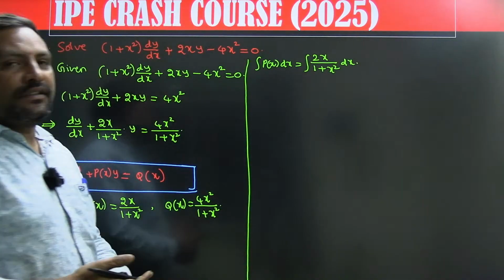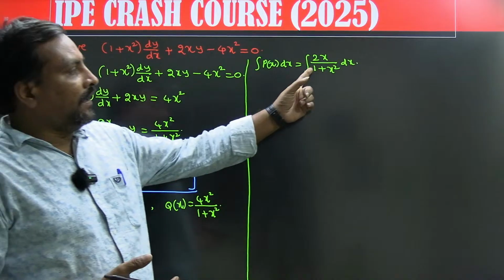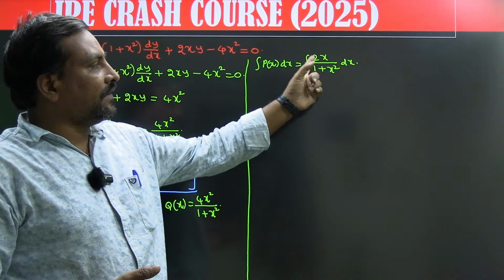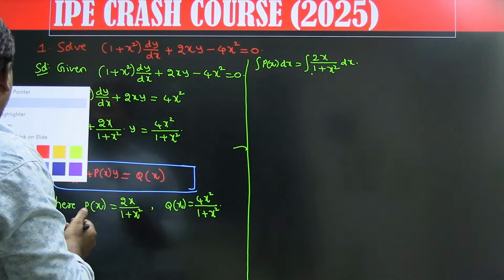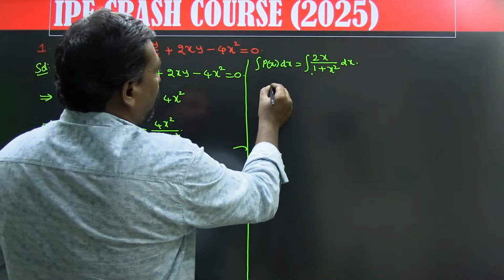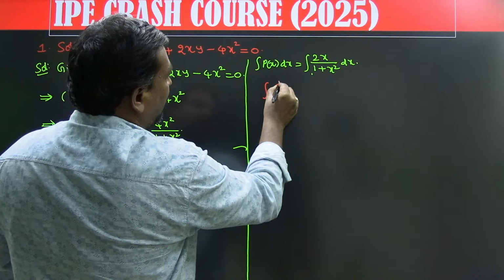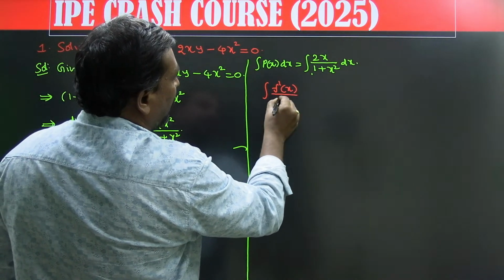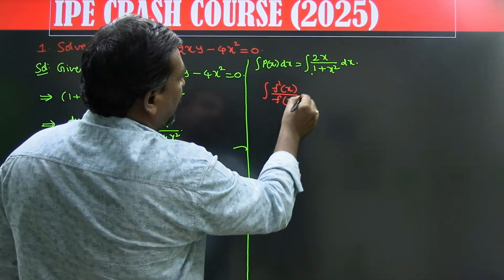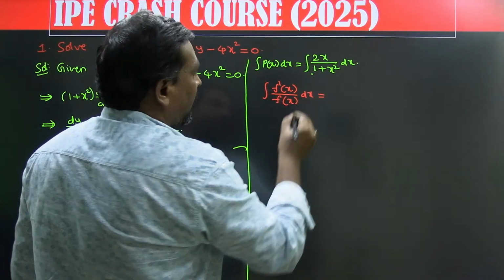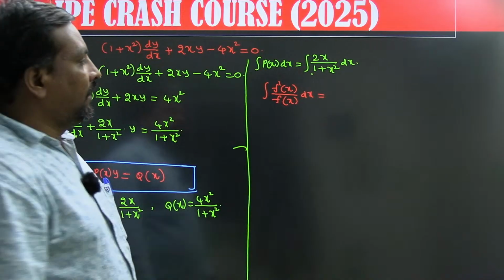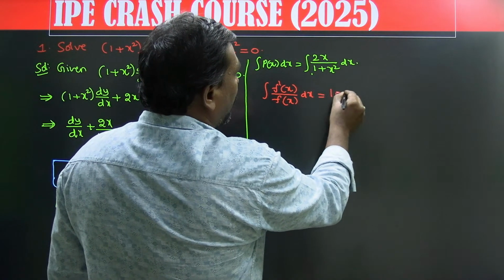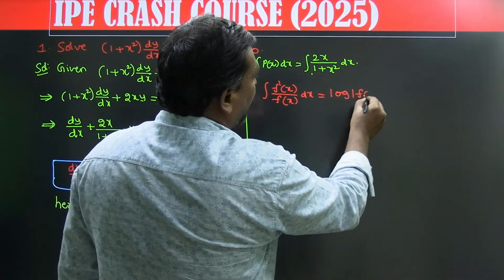If you observe this, the differentiation of 1 is 0, and the differentiation of x square is 2x. So we have one formula in integration. What is the formula? Integral of f dash of x by f of x dx is equal to log mod f of x.